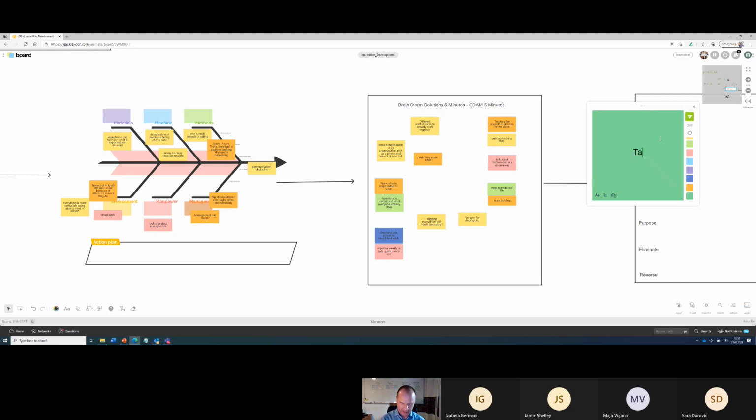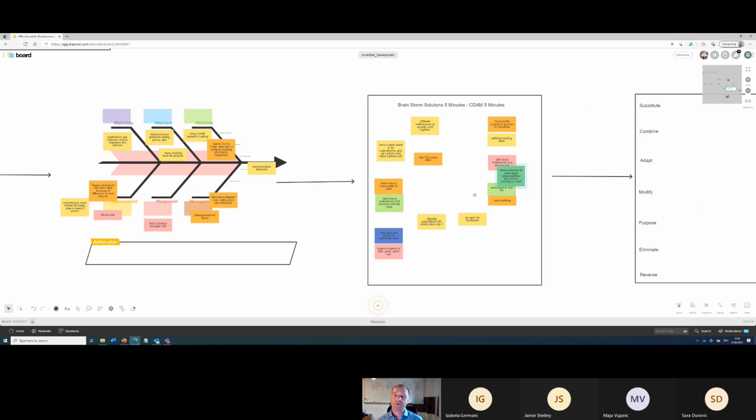So we say take some time to understand responsibilities and who's working on what. So that's the simple combination of the idea.